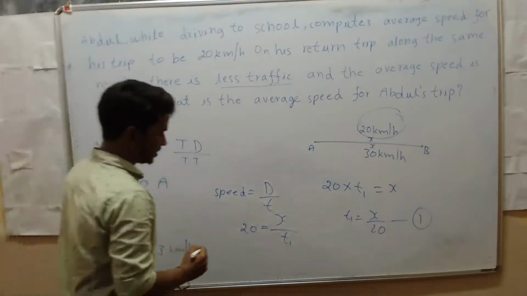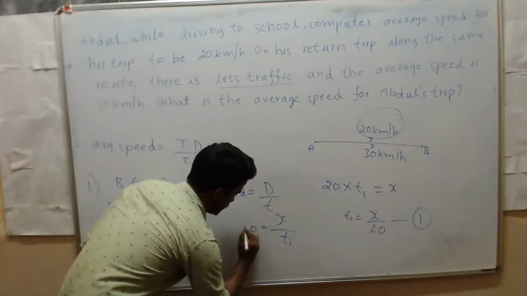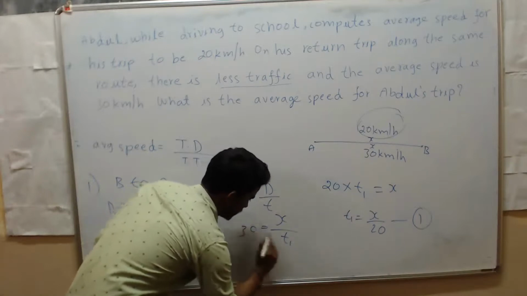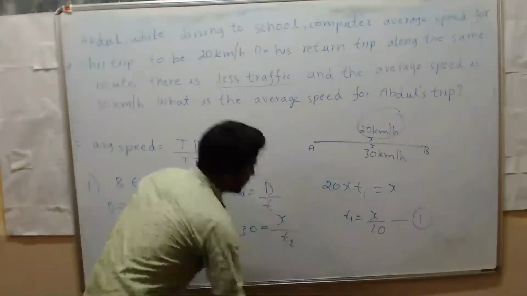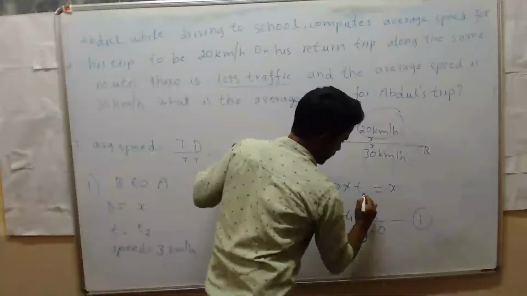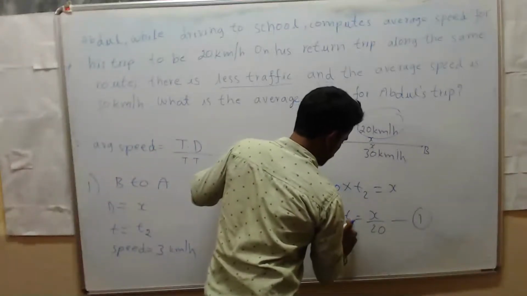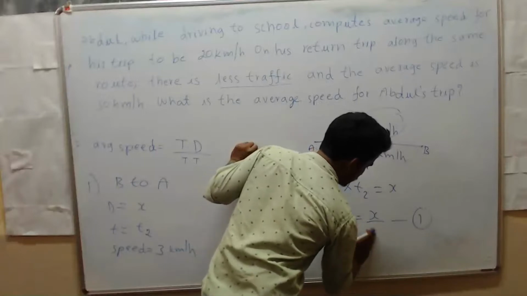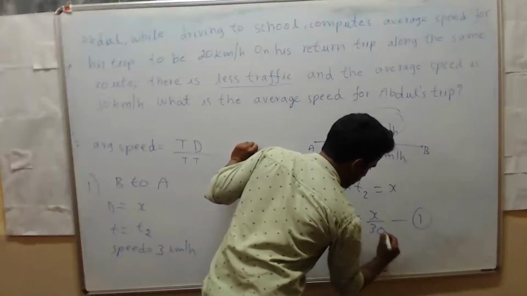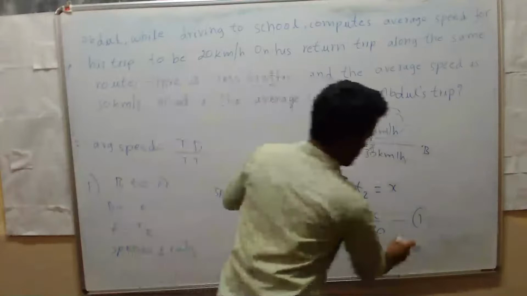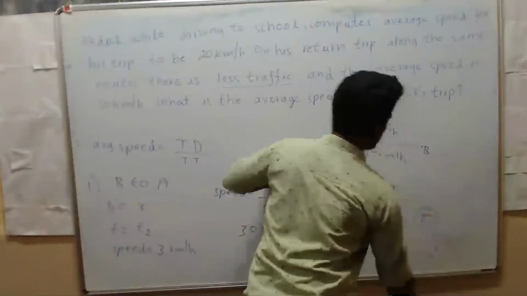Now using once again the same formula, I will just substitute the values here. Okay. This is t1 and this is t2. This is 30. Clear? And I call this equation 2.